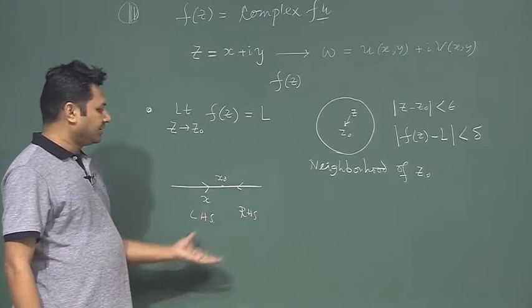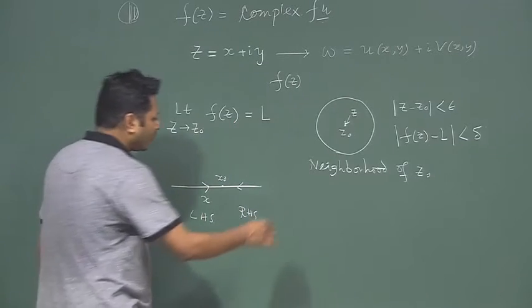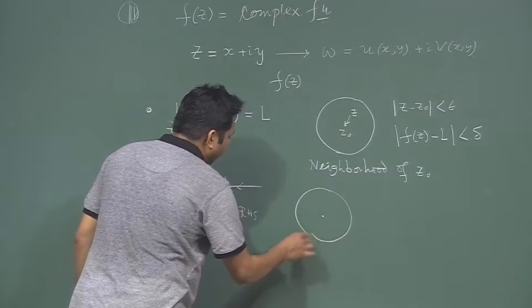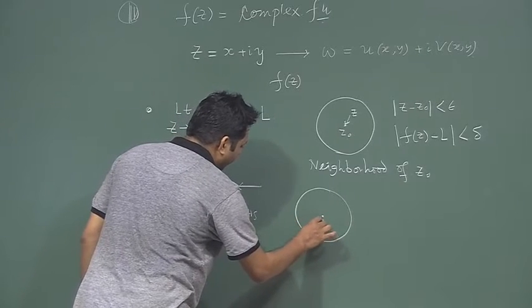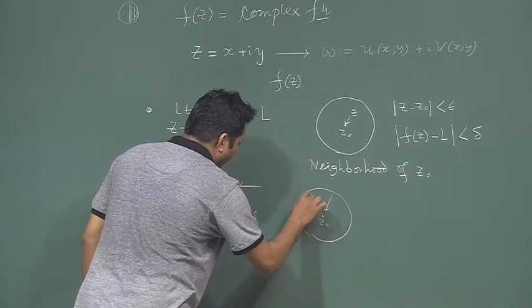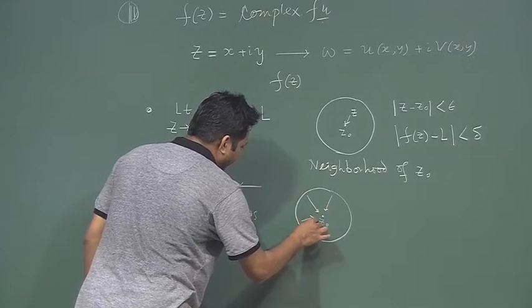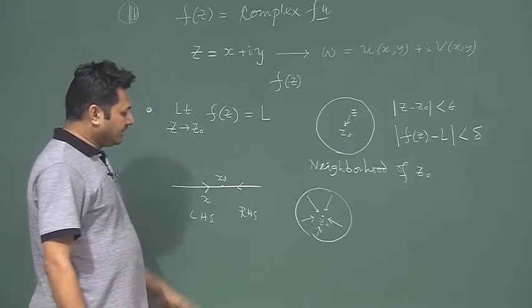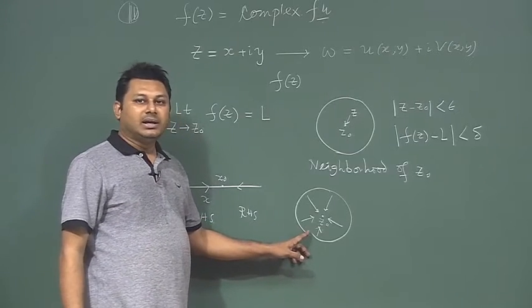But in the complex case, we have a region and one can approach the point z0 by any path or from any direction.